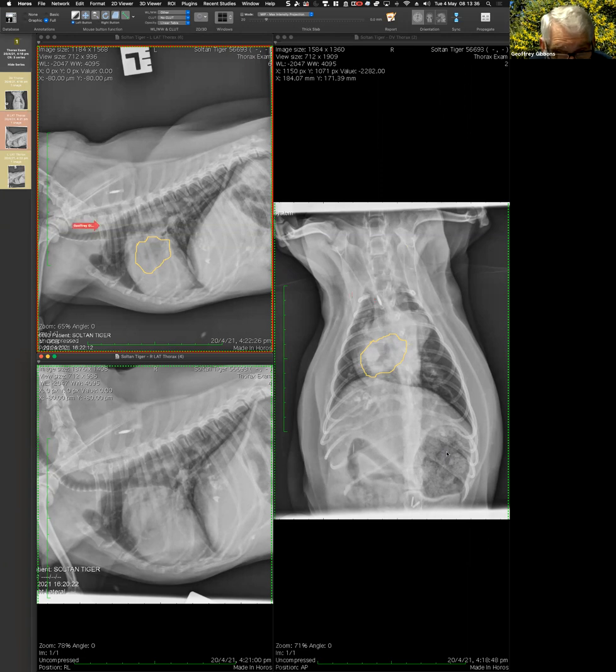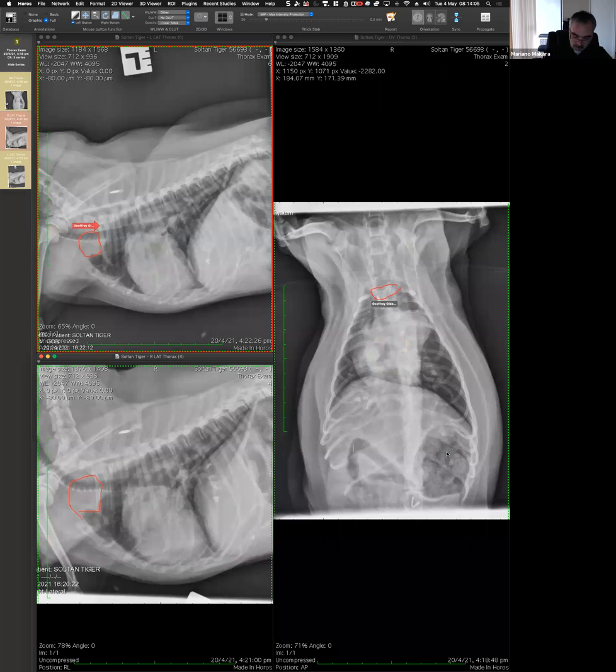I'm getting the impression that there may be some compression of the lung here, sort of there, and you can imagine that it's there as well.